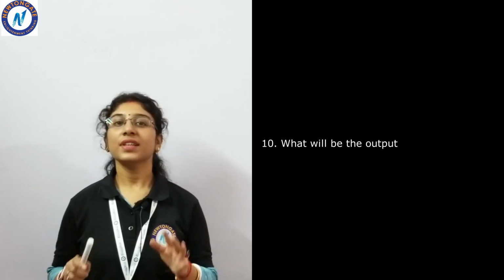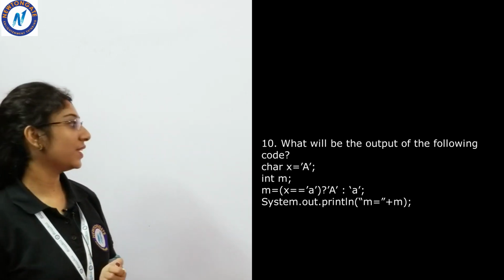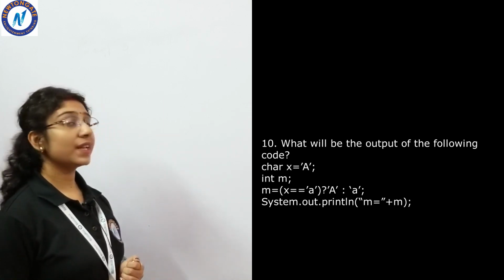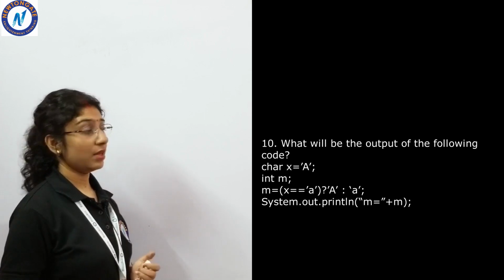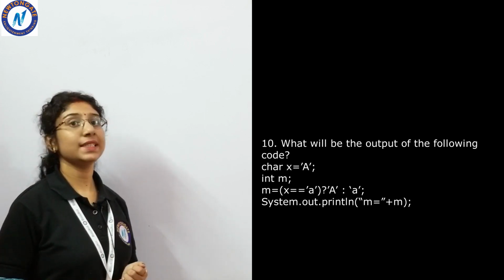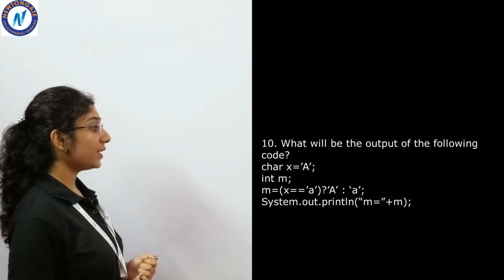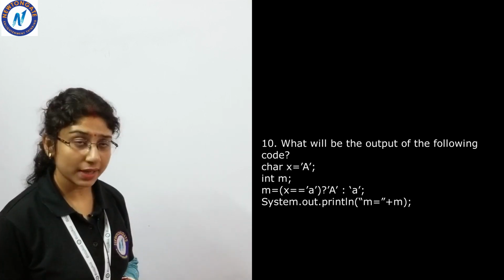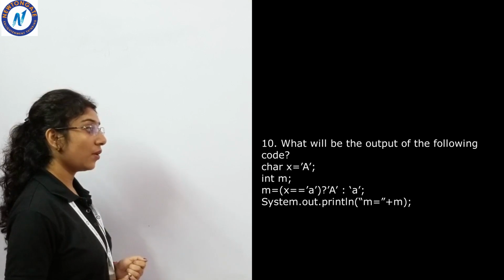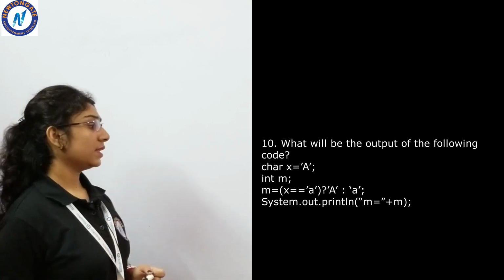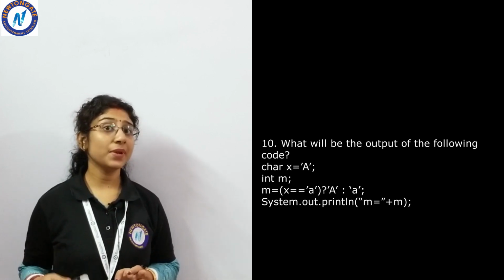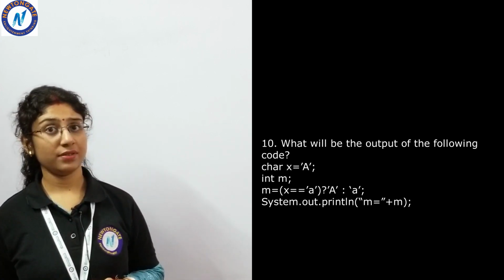Now the last question of the video. Here char x equals capital A, and one more variable I have taken, int m. Now I have written m equals x is equal to small a, then print capital A or small a. But m is of integer type, so it will do an implicit type conversion over here.